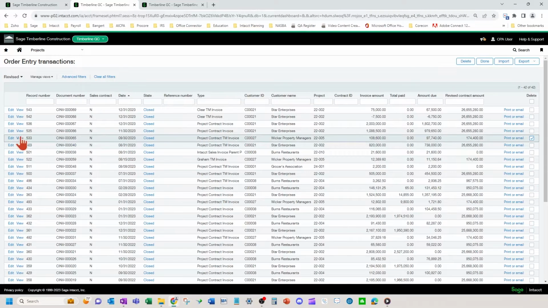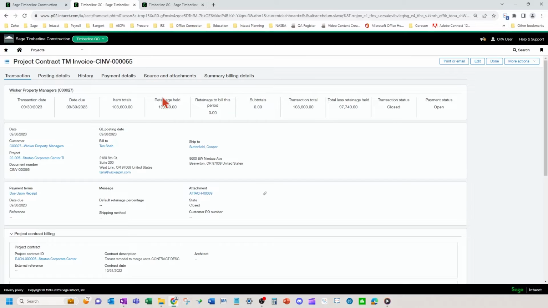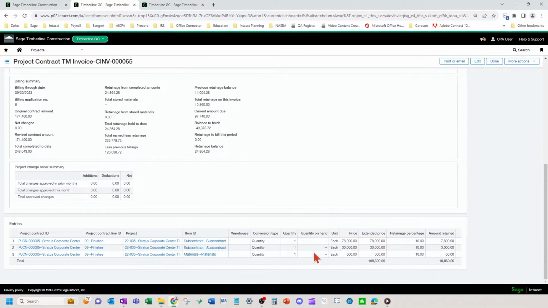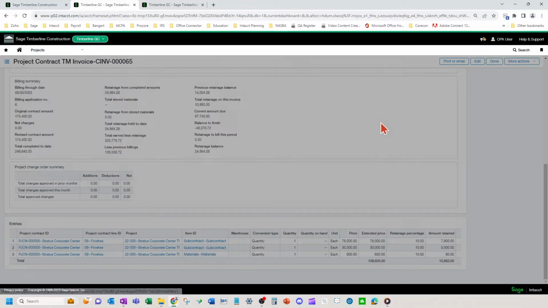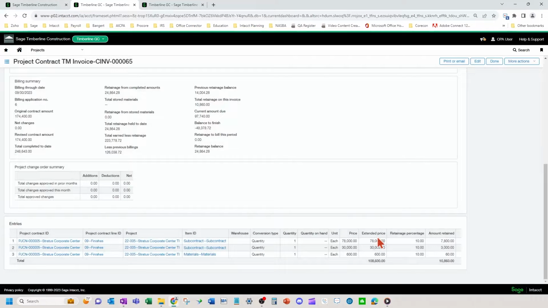Okay, so any of the entries that are on this September 30th invoice down below will then be put back into the generate invoices screen in order for you to bill on or not bill on when you create the next invoice, the correction invoice to the customer.